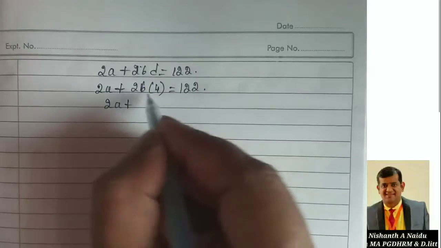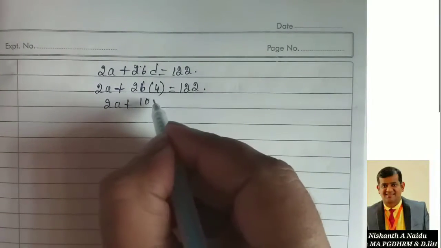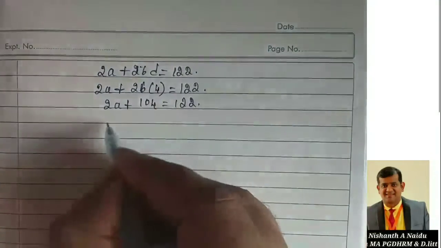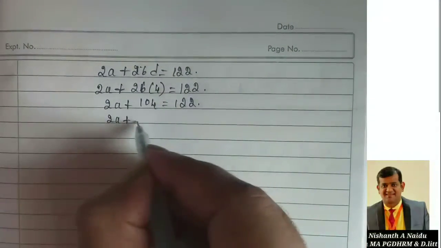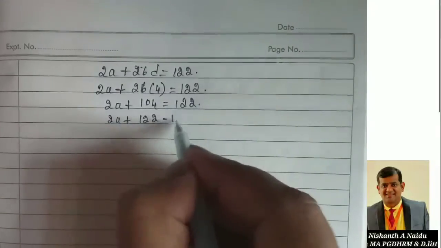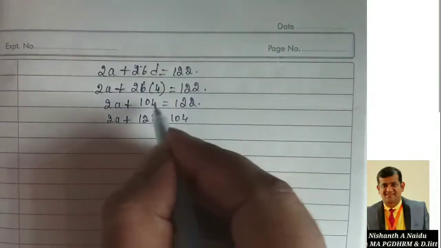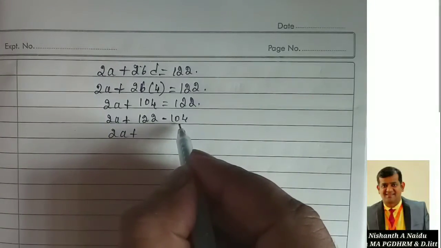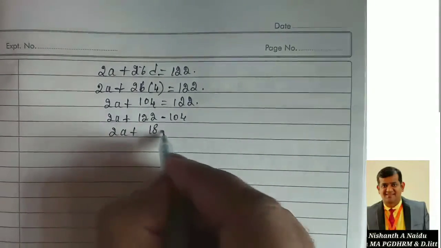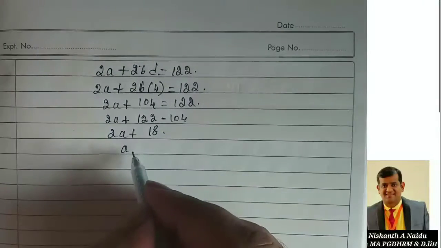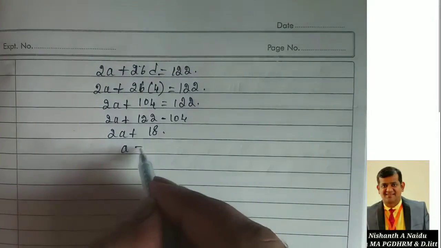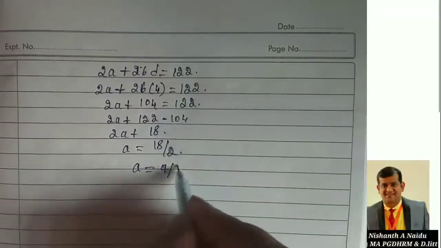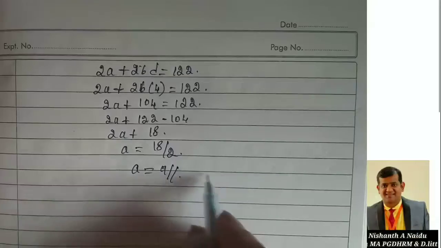So 2a plus 26 times 4 is 104 equals 122. So 2a equals 122 minus 104, which is 18. Therefore a equals 18 divided by 2. a equals 9.